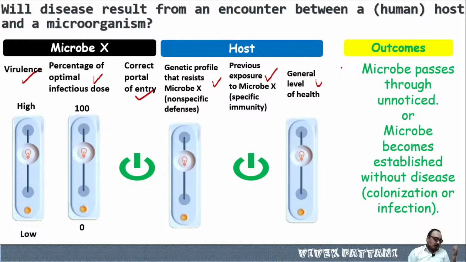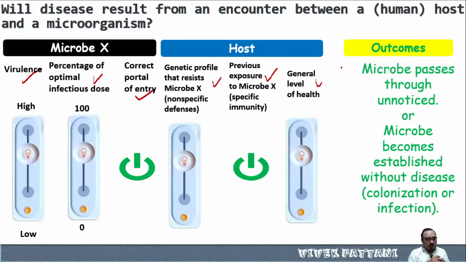Yes, virulence power is high, and the percentage of dose required is high. Does the pathogen enter from the correct portal of entry? Yes. Does the host have a genetic profile that resists microbe X? Yes, again at a higher level.